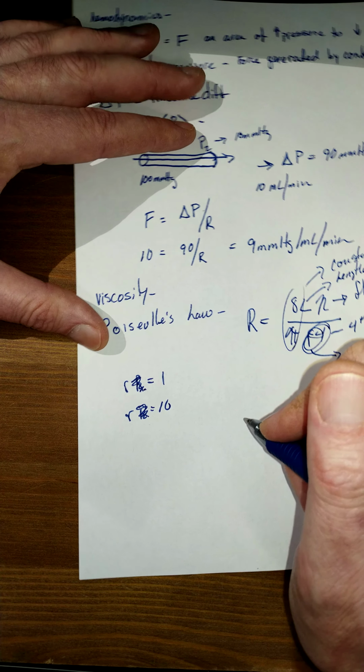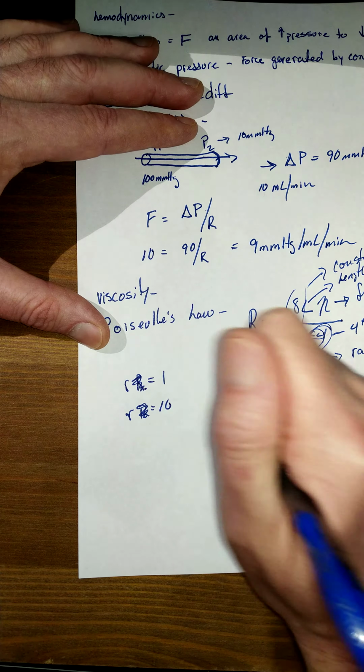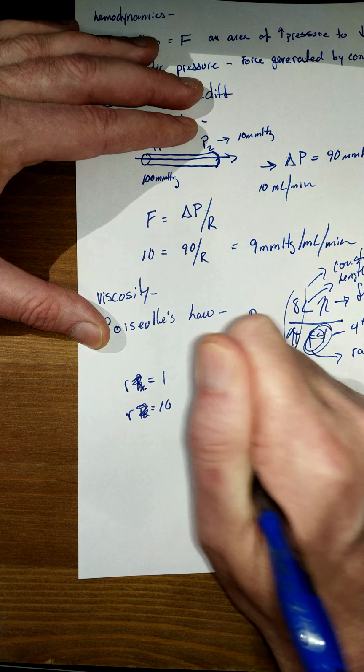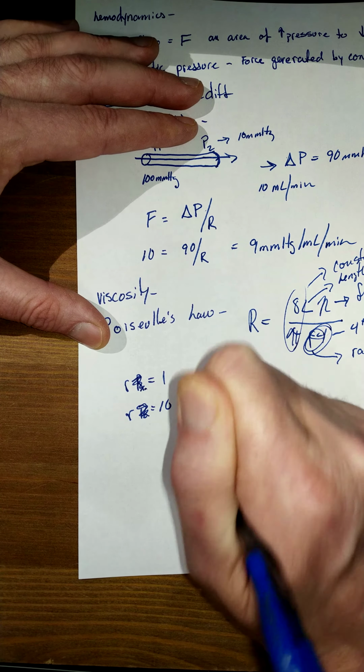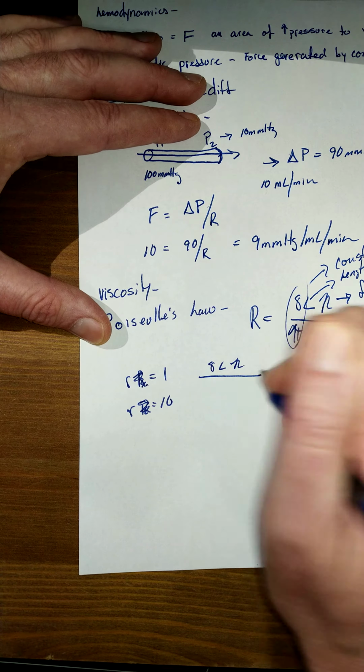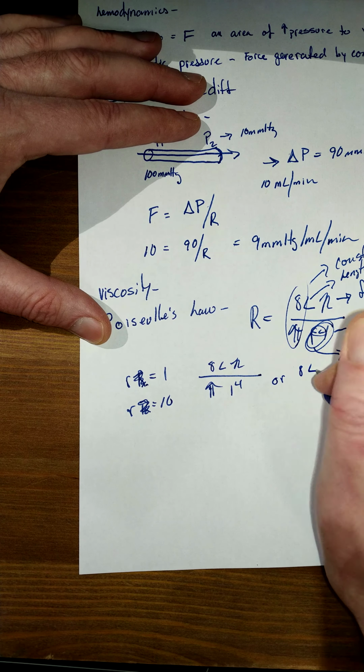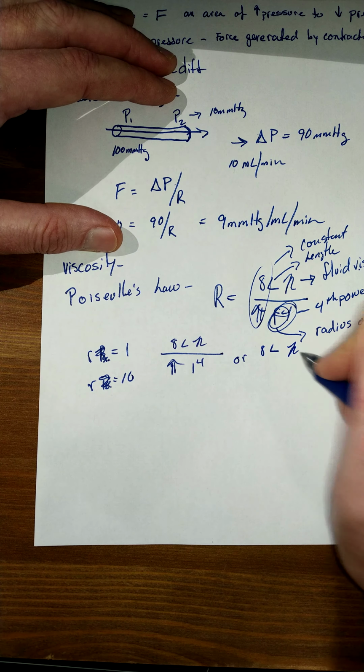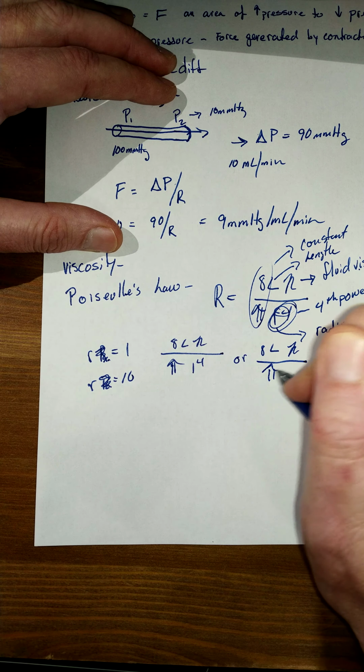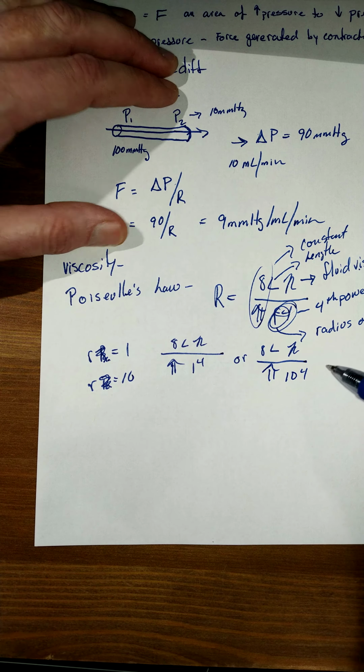We can use r equals 1. So at the bottom it will be 8 times our fluid viscosity times L over pi times 1 to the 4th, or 8 L viscosity over pi times 10 to the 4th power.